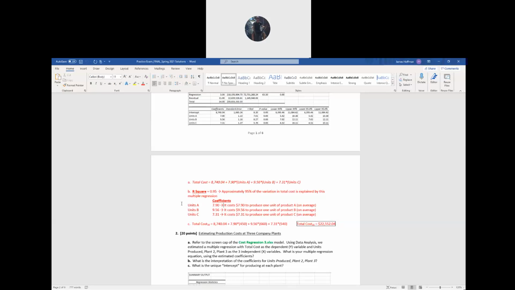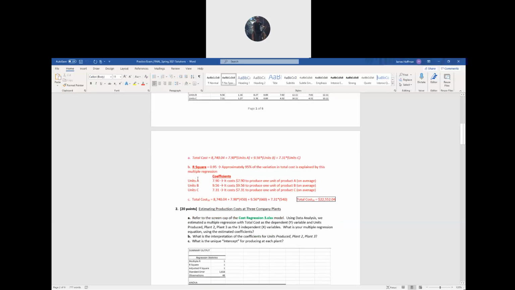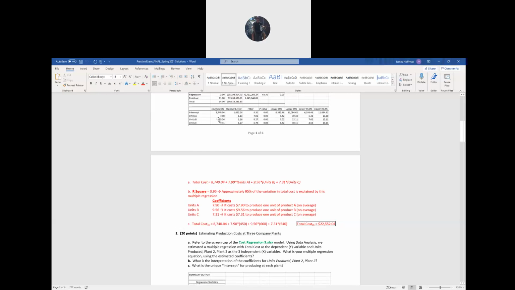That means it costs $7.90 to produce 1 unit of product A on average. Remember, the coefficient is the effect on y when you change the x variable by 1. If we produce 1 more unit, that's the effect on total cost, which means that's the average cost for 1 unit of product A. So 1 unit of product A costs about $7.90.